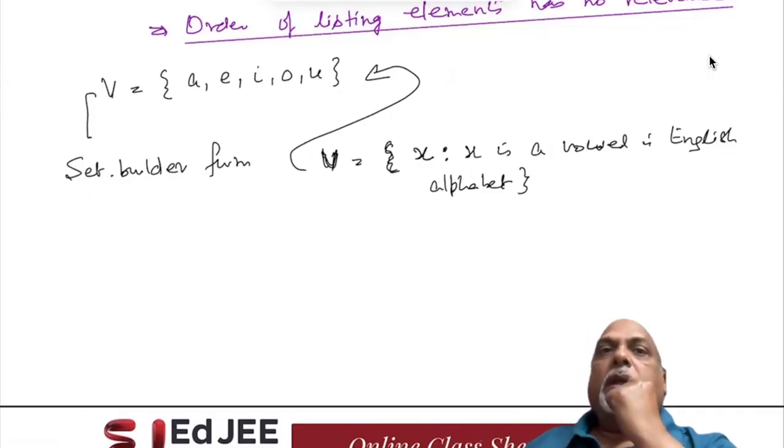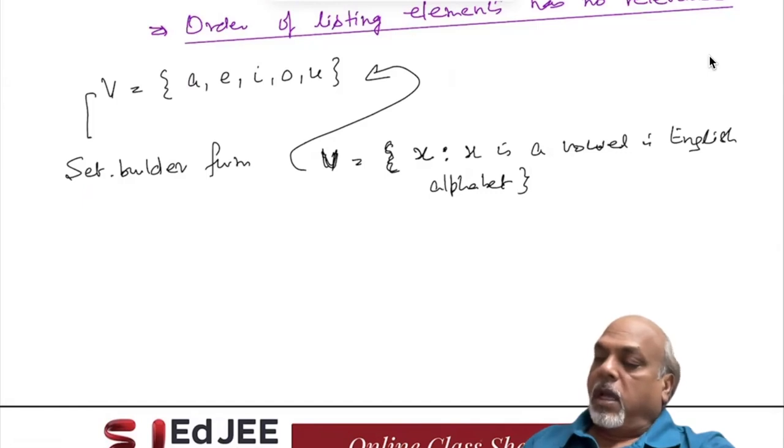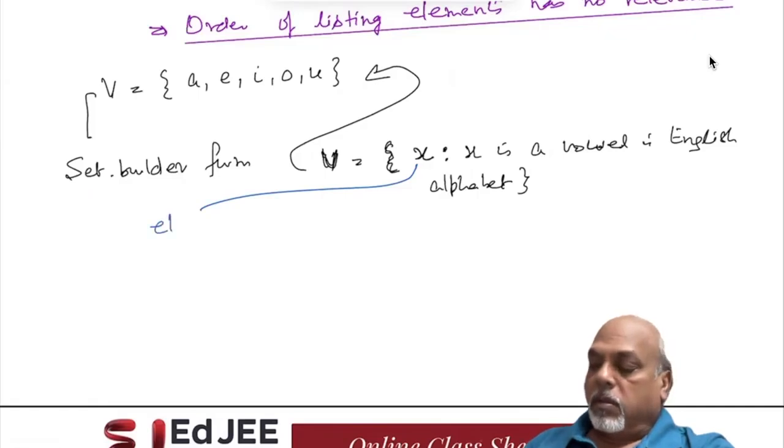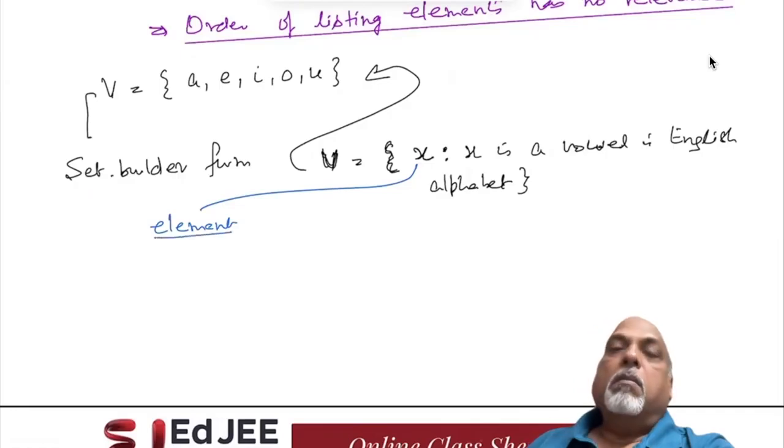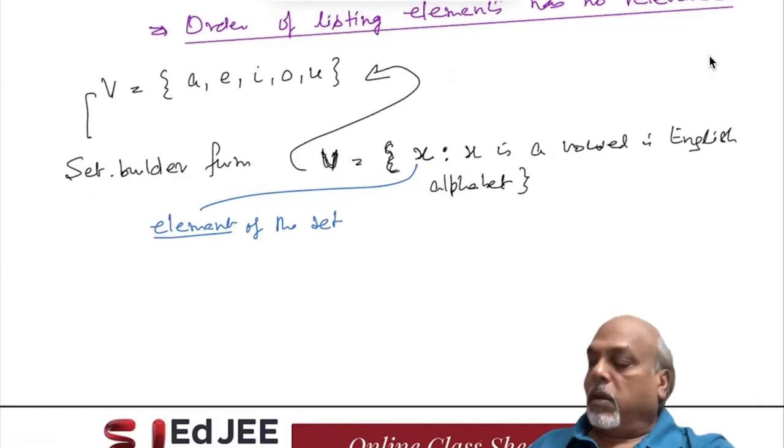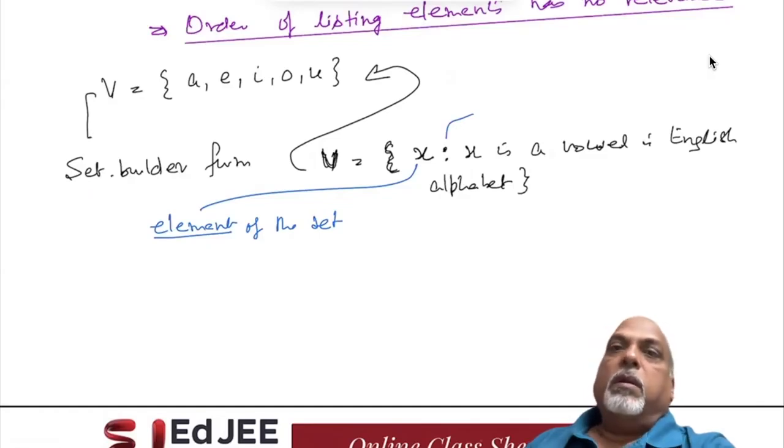Here, let us see what this is. This is the element of the set, followed by a colon.